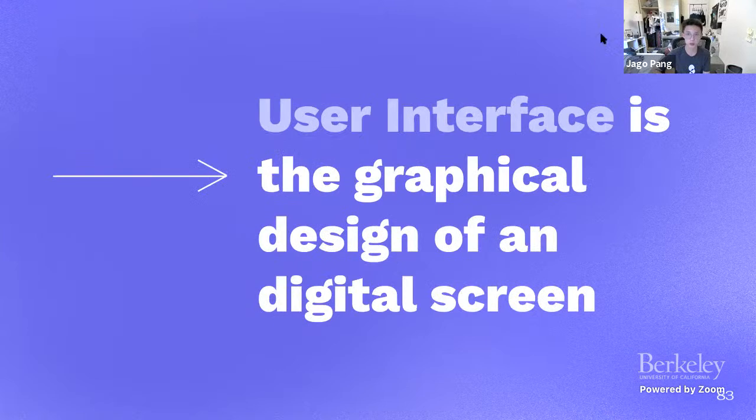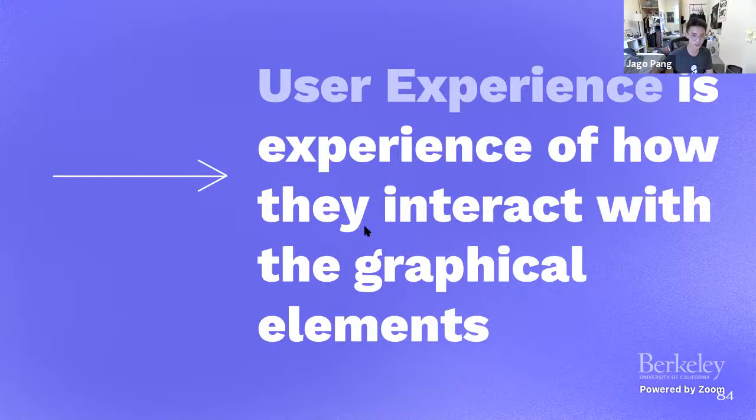So if you're unsure, you might hear buzzwords like UI, UX, product, things like that. User interface, or UI, is the graphical design of a digital screen. UX, or user experience, is how users interact with the graphical elements, defining the experience of the user using an app or a certain product.